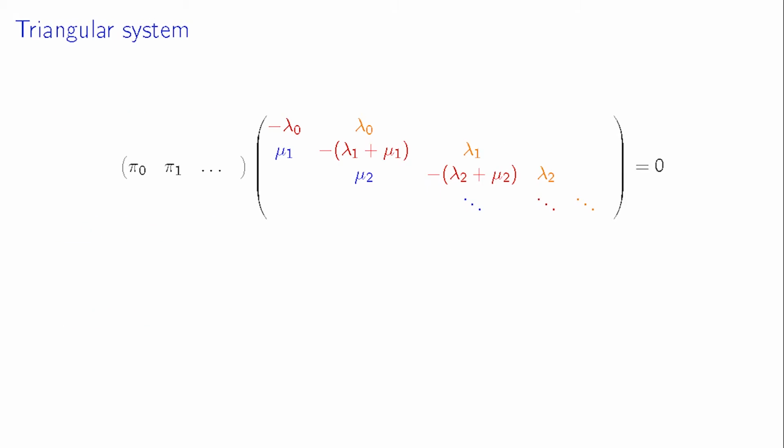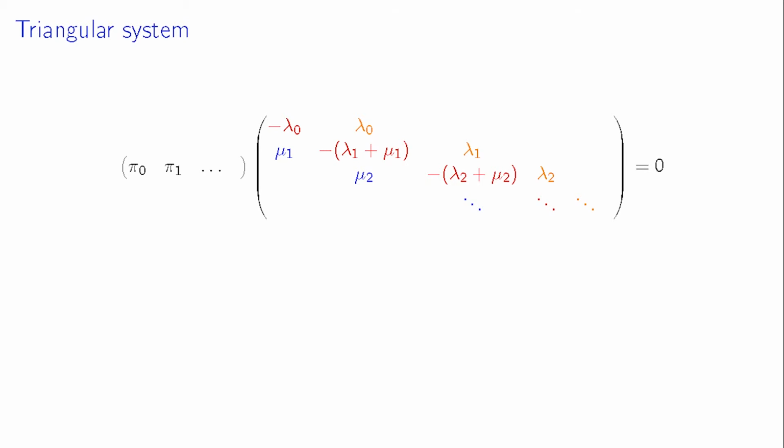The main thing to notice is that the transition rate matrix of a birth-death process is always tridiagonal. We have non-zero coefficients on the diagonal in red, the subdiagonal in blue, and the superdiagonal in orange, and that's all.